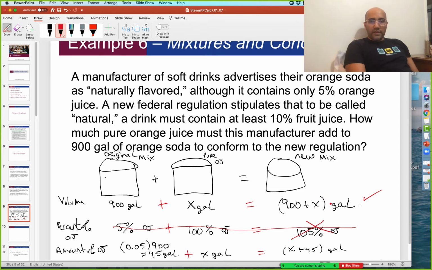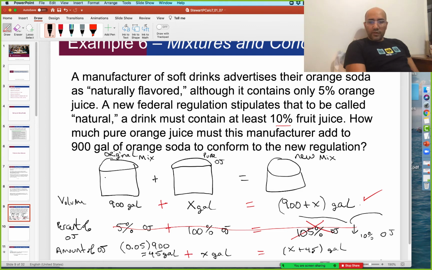So if we've done it correctly, the goal is to make sure that the final outcome has 10% fruit juice. So it must be true that this, from here, what we want is for this to be equal to 10% OJ.